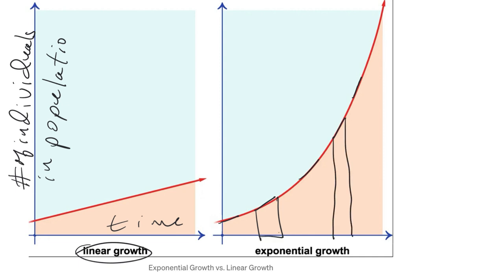Same chunk of time. You've added that many more individuals as opposed to that many. So you're not just increasing by a constant rate, you're increasing by a greater rate as time goes on.